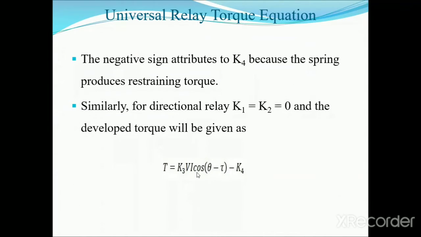In the universal torque equation, the power term is the third one. That's why we write K3 VI cos(theta minus tau) minus K4. By using this universal relay torque equation, we write down the various relay torques. Those are the two examples, the overcurrent relay and the directional relay.